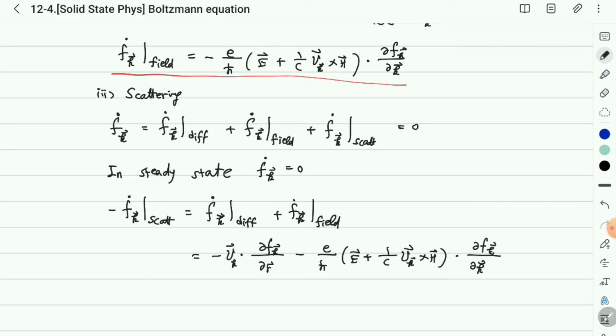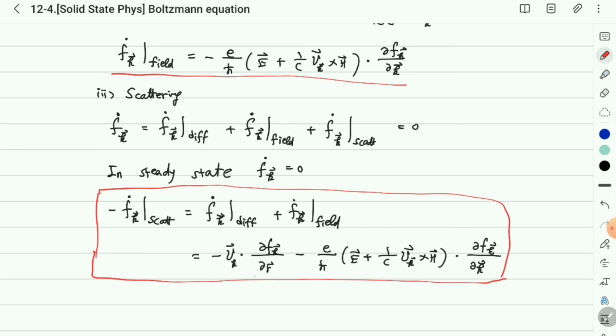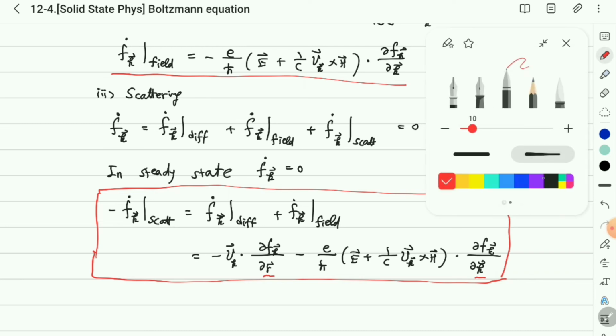That is the Boltzmann equation. We should remember that in this equation there are two terms. One is diffusion. Diffusion is the position derivative, and the field term is the momentum derivative. The first one is the force, the velocity component of the electromagnetic field, and the diffusion case is the velocity. We call this the Boltzmann equation.